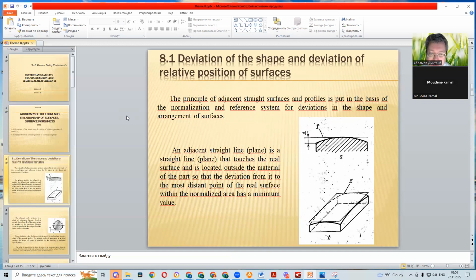An adjacent straight line or plane is, like in this figure, this line or this plane.